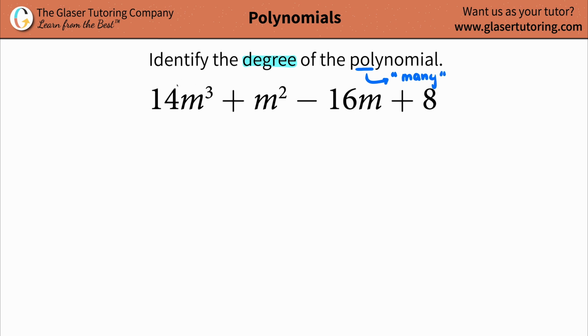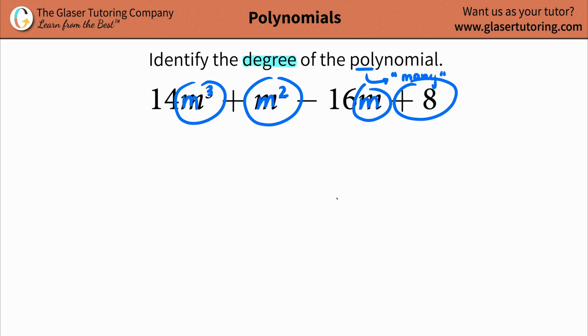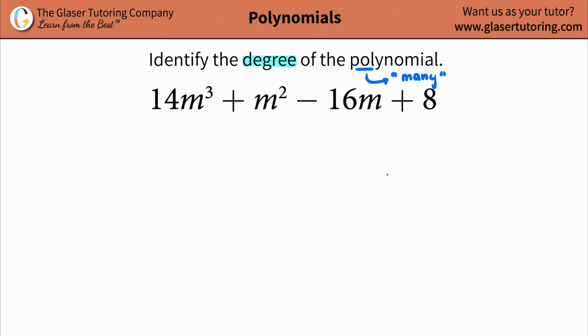So in this case, I have four different terms here because I have an m cubed, that's one term. I have an m squared. That's another term, right? M cubed and m squared, they are not the same thing. I just have an m value, and I have a term that has no variable in it. It's just an 8. So I got four terms here. That's a polynomial. So we're going to take this polynomial, and we just have to find the degree of it.